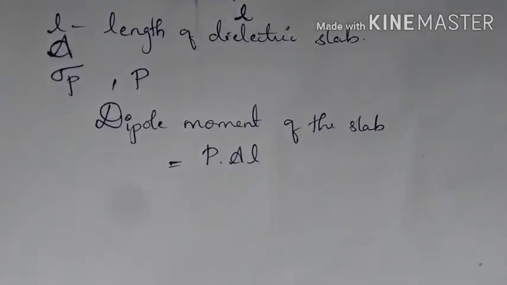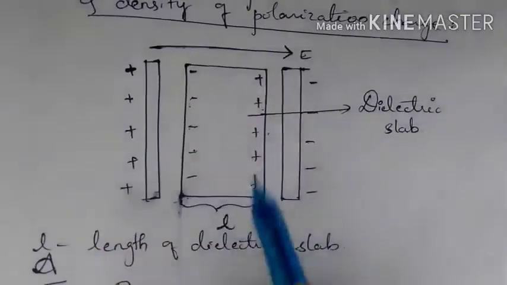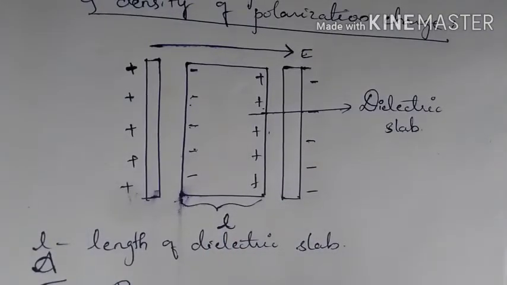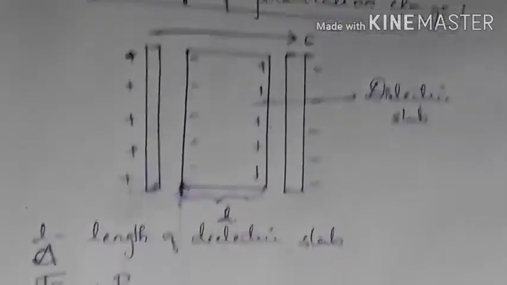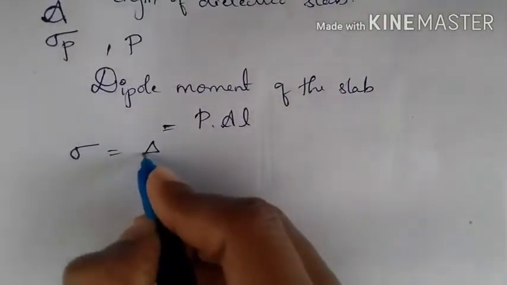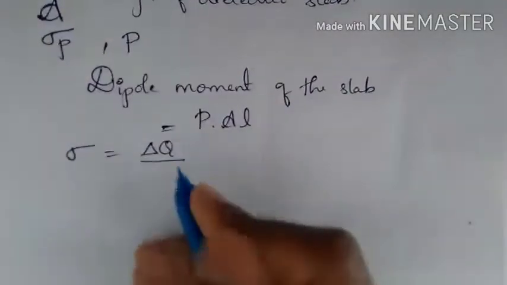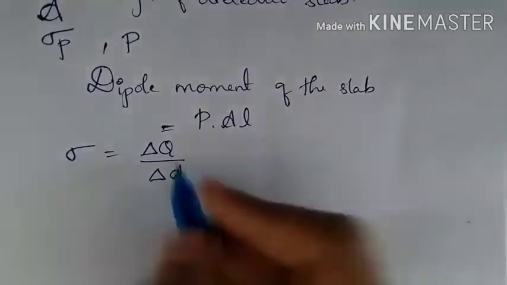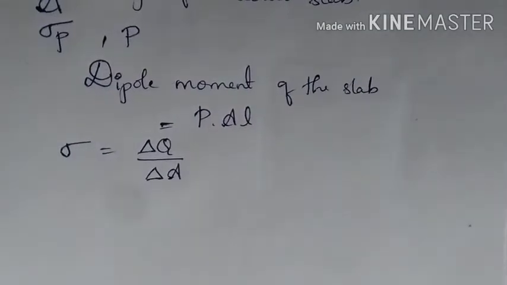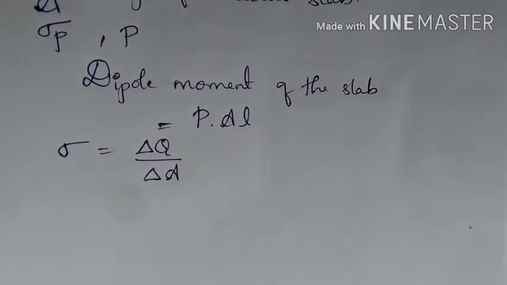Next, consider the slab as a single large dipole with surface charges Qp equals sigma p A separated by distance L. The surface charge density sigma is equal to delta Q by delta A. You might have learned this in your PUC: linear charge density, surface charge density and volume charge density.